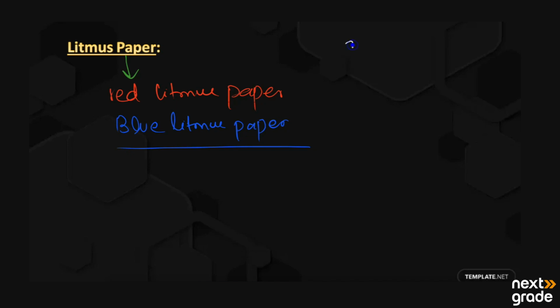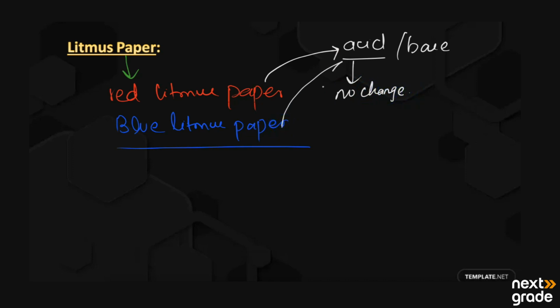If we have an acid and we dip the red litmus paper in it, there is no change in color. But when we dip the blue litmus paper, its blue color changes into red. This red color shows us that the solution is acidic.